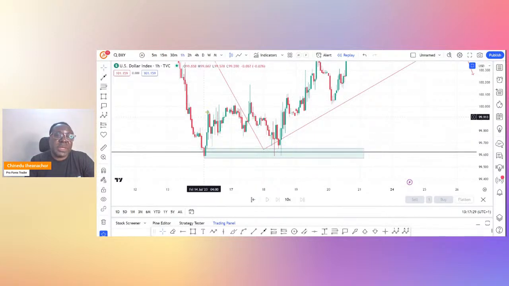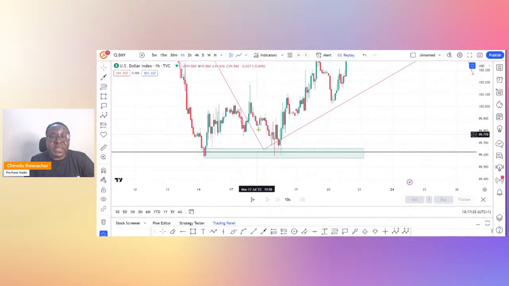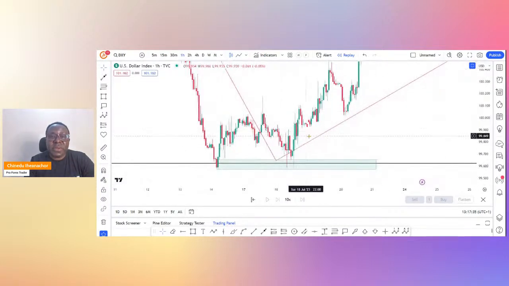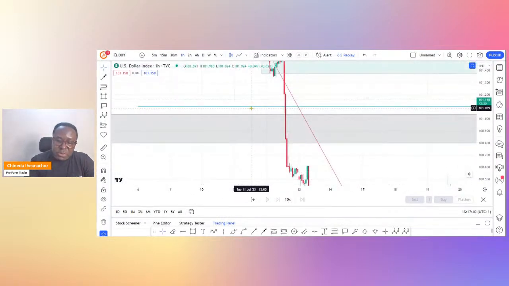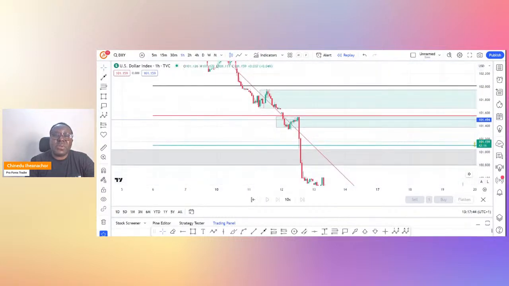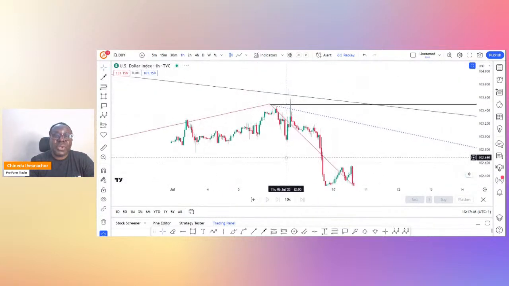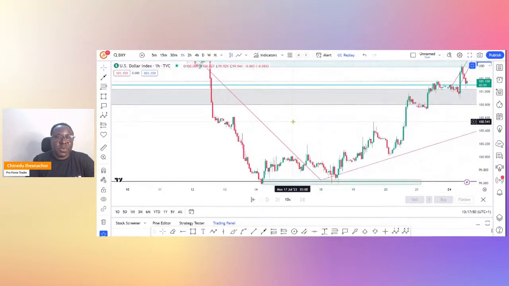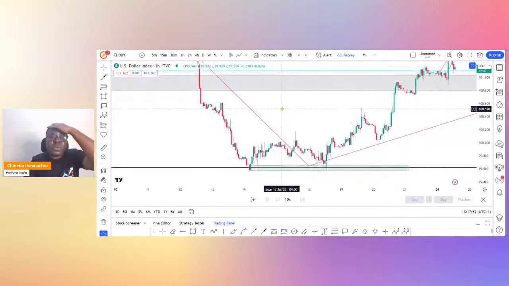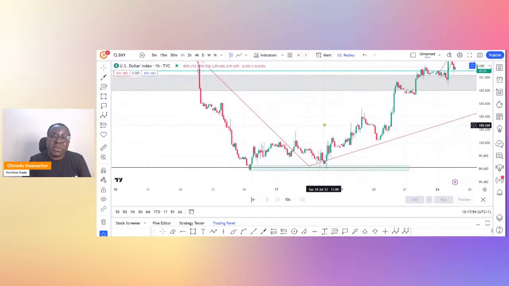This is what actually validated this correction that we're seeing here. Last week it was a massive drop in the dollar strength, and this caused all the GBP, USD, Euro, US, and even gold to push down further.